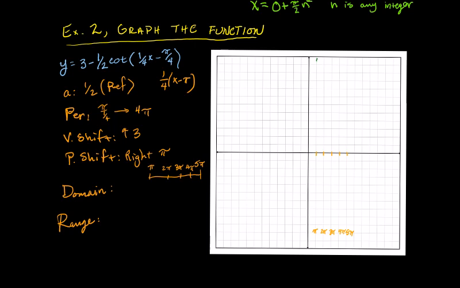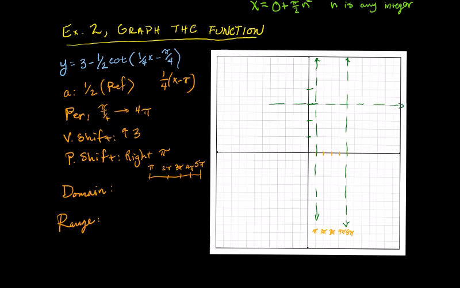All right. Going to put in my asymptotes. First one's at pi. Second one's at 5 pi. And then our vertical shift is up 3, but I'm going to make these go by 2 since we have an amplitude of 1/2. So 1, 2, 3.